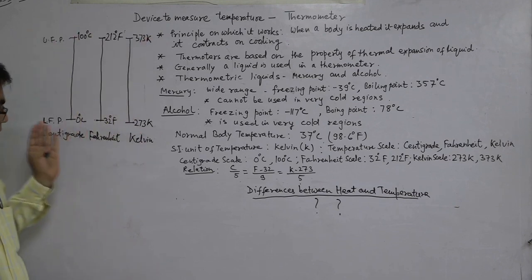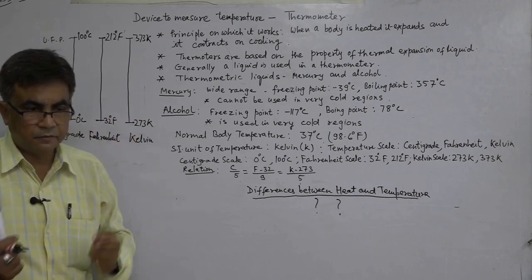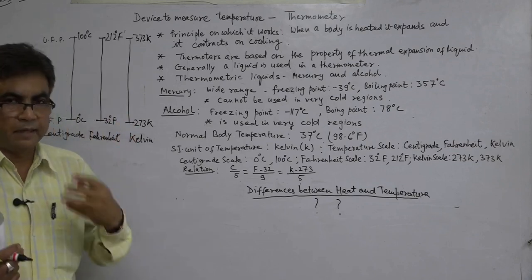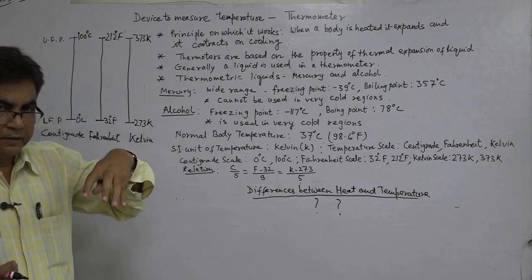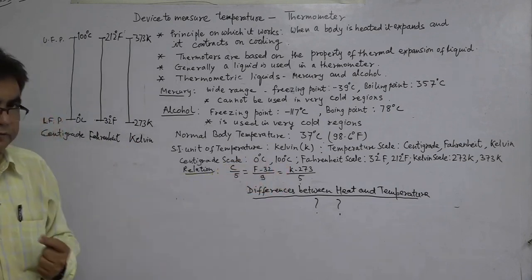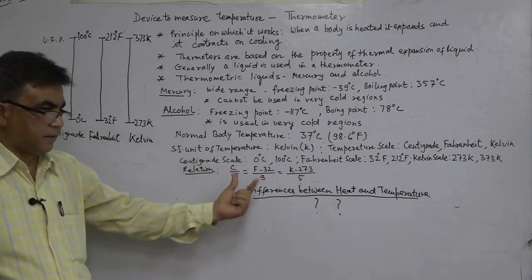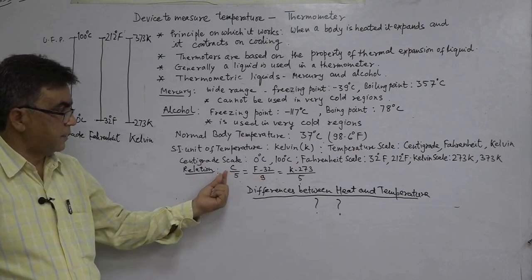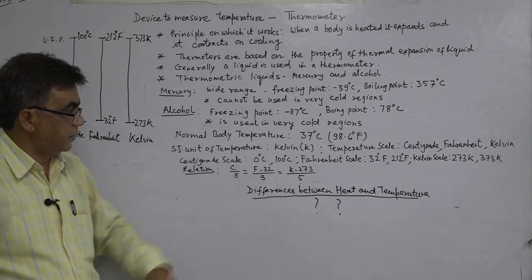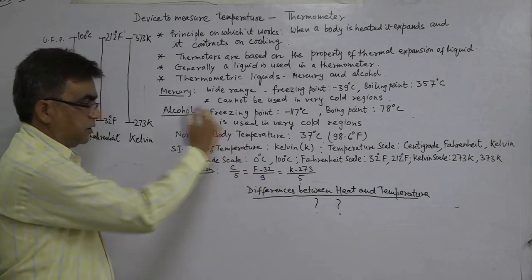Now, these three scales have a relation, which means we can convert the temperature in one scale to another. By which relation can we convert? Suppose you have to convert centigrade into Fahrenheit, then you use C upon 5 equals F minus 32 upon 9.